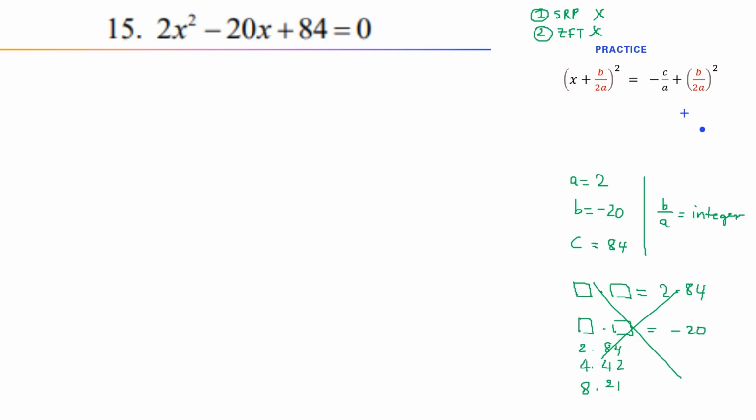So we have negative 20 divided by 2 is negative 10. That's an integer, that's a whole number. That's a nice number, not fractions, not decimals. So that's good, right? So now we divide both sides by 2.